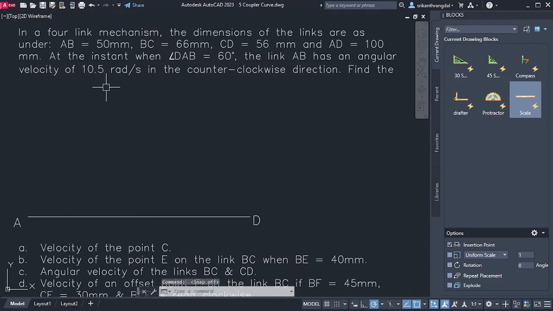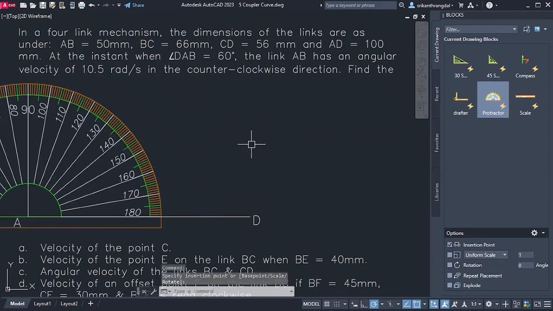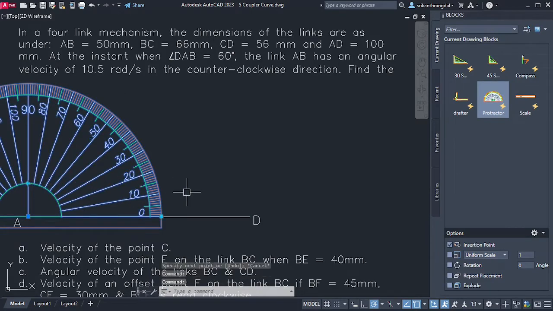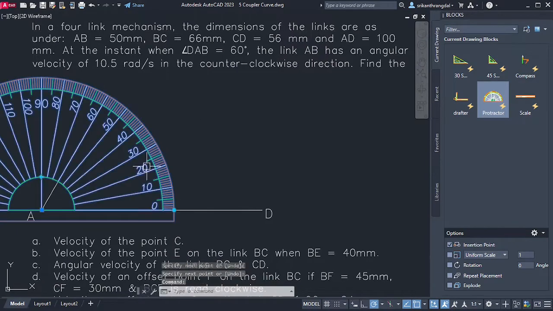Next we'll have to create the length AB, and we have been given the angle DAB as 60 degrees. So let me take a protractor over here, and I'll have to draw an angle of 60 degrees. I'll have to take it from this side. Okay, so let me draw this as 60 degrees over here. Fine.